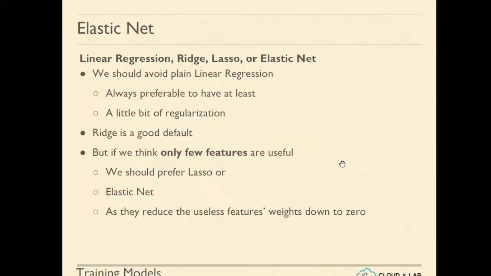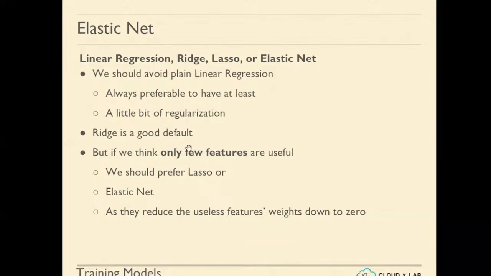If we want to do feature selection, if we want to remove unwanted features, then we will use L1 regularization, because using L1 we can do feature selection. In general, we will always use some regularization: either L1, L2, or elastic net.